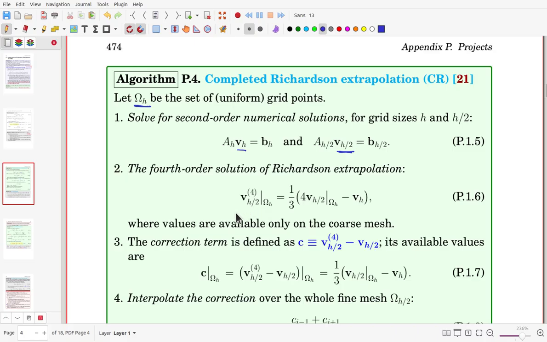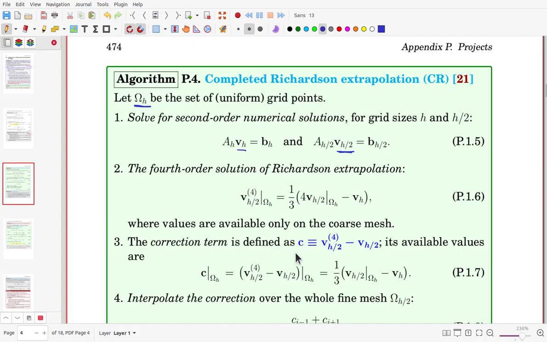Now we define the correction term C. That will be the fourth order Richardson extrapolated solution, this fourth order one, minus the second order one on the fine grid. The fine mesh is defined to be the correction term.